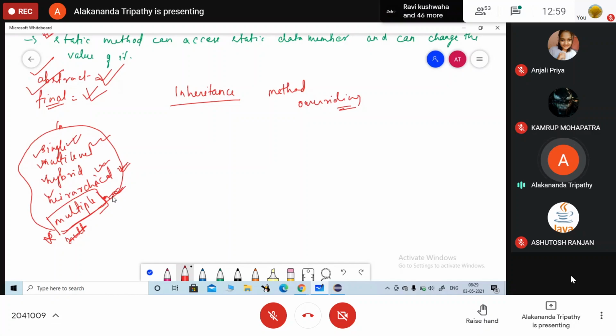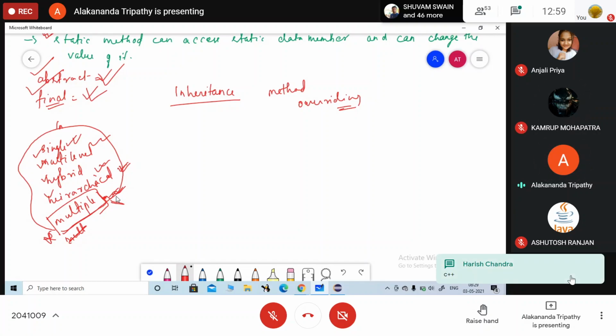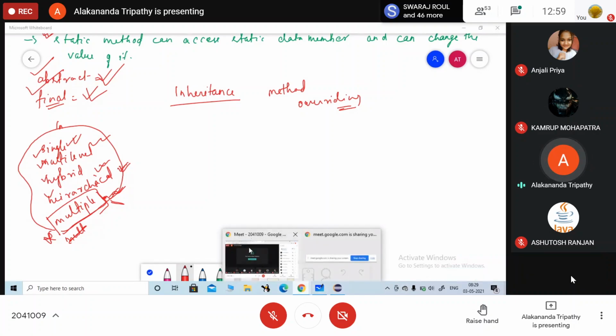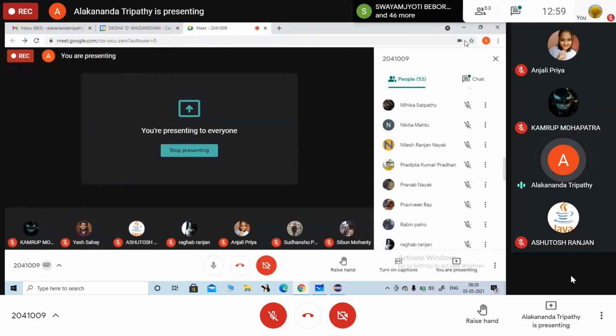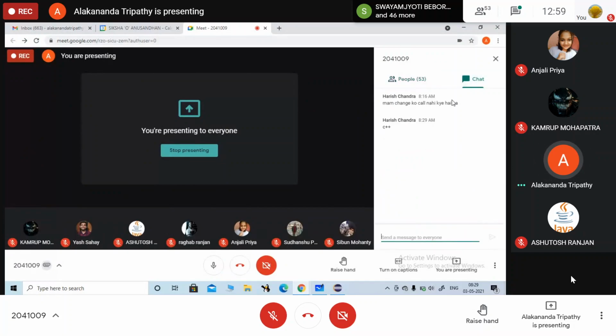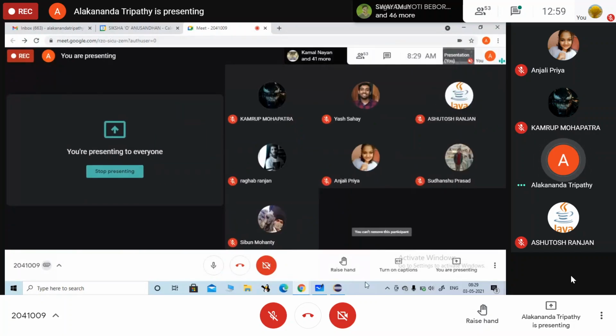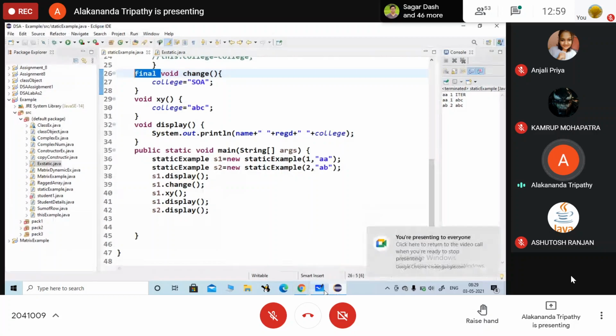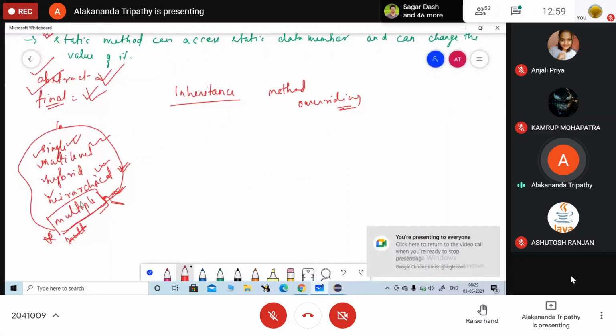You learn multiple inheritance कहाँ पर पढ़े हो? OOPs concept. In your C++, I think you have learned multiple inheritance, isn't it? Yes, ma'am. Okay. So in multiple inheritance, we have ambiguity. So in order to overcome that ambiguity, we are not using multiple inheritance in Java.